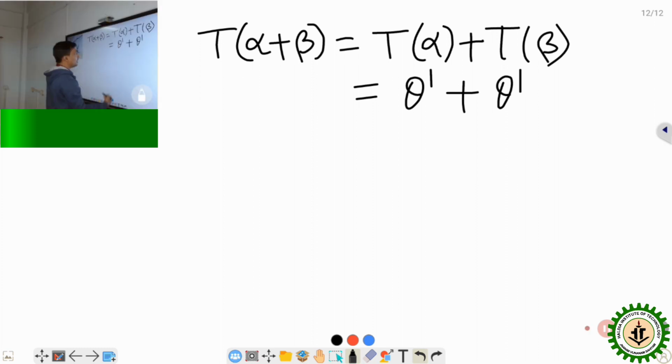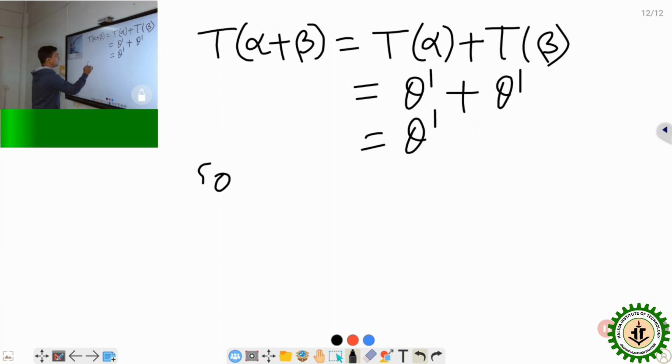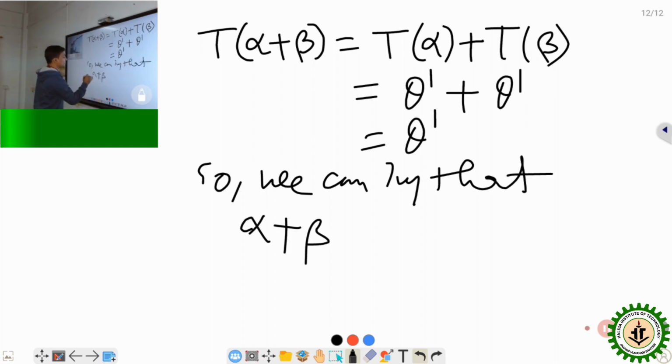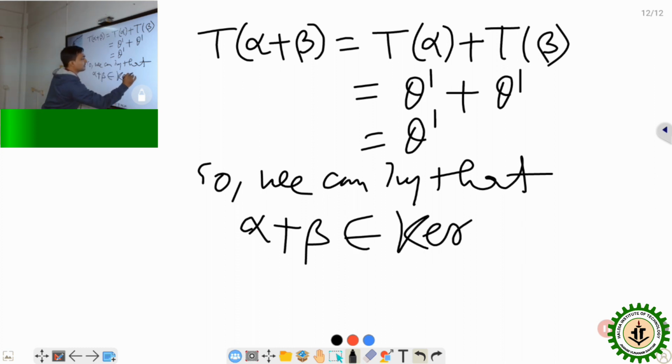The addition of two null vectors is also a null vector. So T of alpha plus beta is theta dash. So we can say that the vector alpha plus beta must be in the kernel T set. So this is the first condition for a subspace.